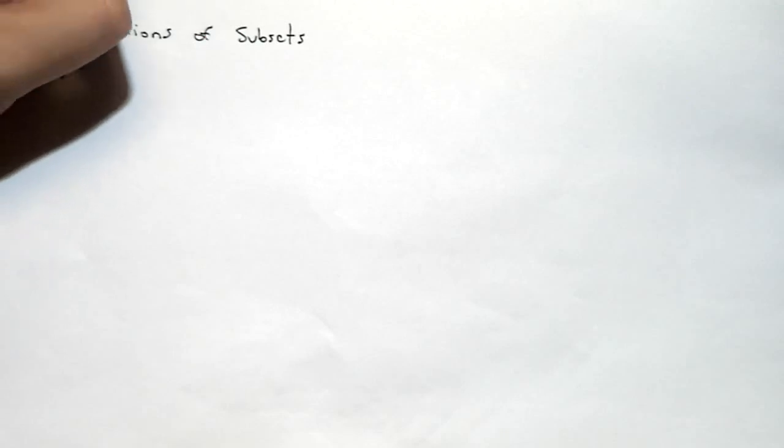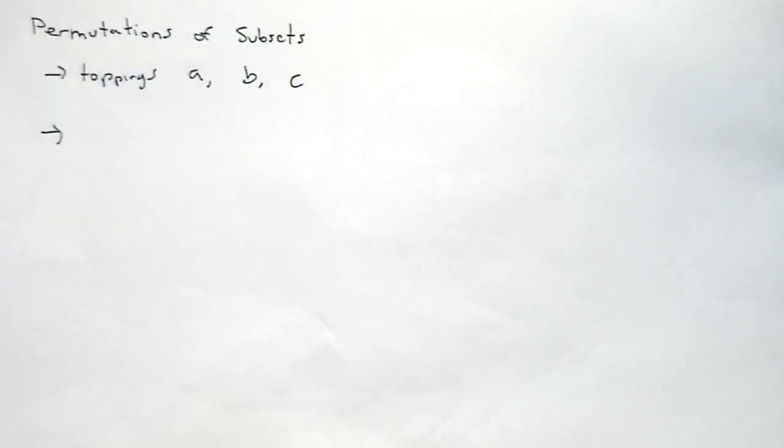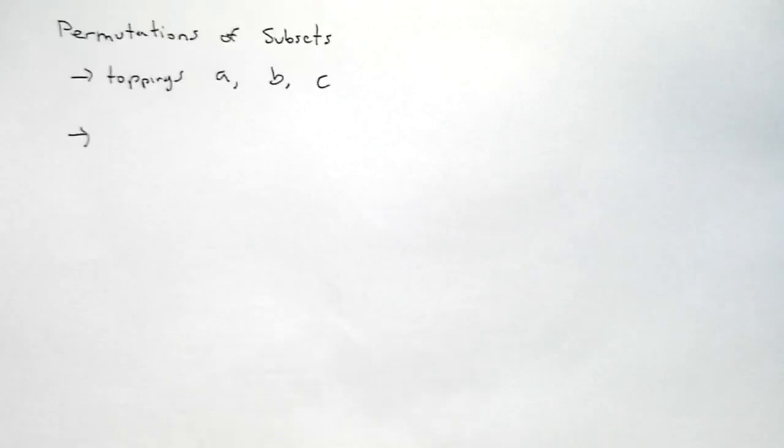Anyway, let's say now that we have our 3 elements. So let's say 3 toppings, A, B, and C. But let's say that this time, instead of choosing between all of them, which would give you a total number of outcomes of n factorial, you want to choose all the different possible combinations of only 2.